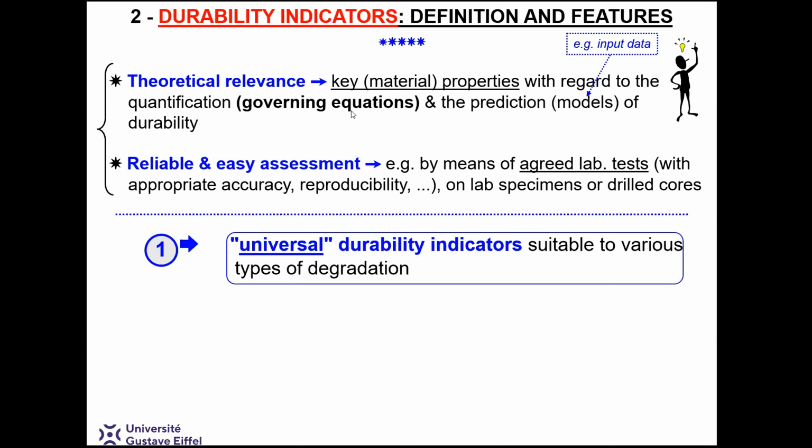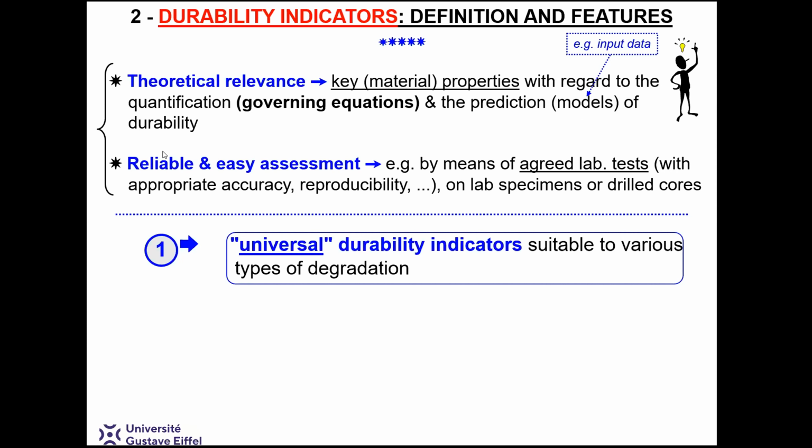This means that these are the parameters you will find in the governing equations of the process you want to quantify, for chloride ingress, carbonation, etc. And of course, you will find this in the models.